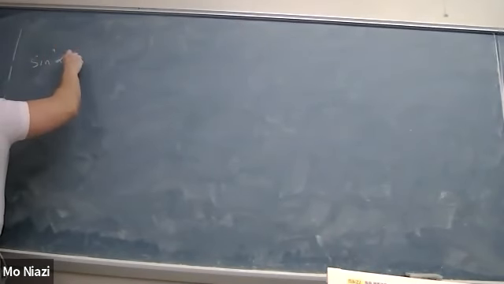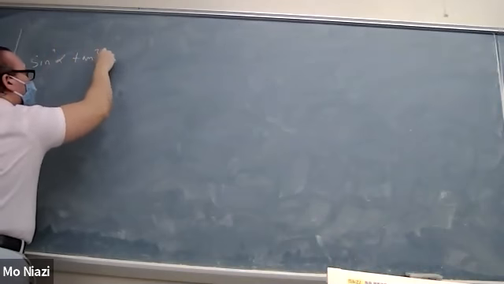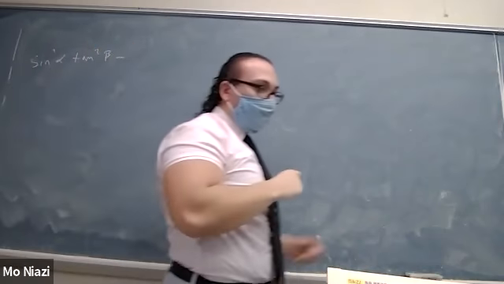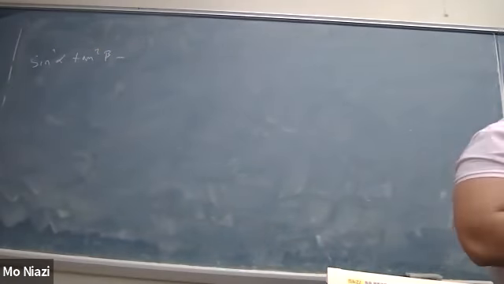Sine squared alpha tangent squared beta minus cosine squared beta, so that it equals 1.